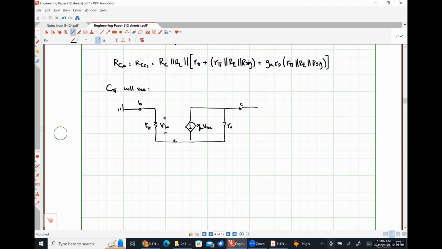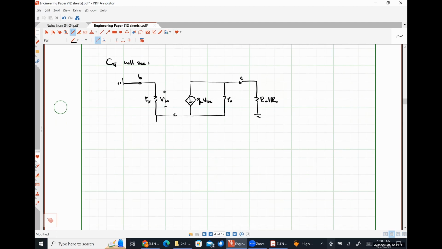My collector terminal. RC in parallel with RL. So between my emitter and ground, and I'm going to choose to put this kind of over here, we have RE in parallel with R sig again, and then here are the terminals where we've taken our capacitor out and we're looking at.